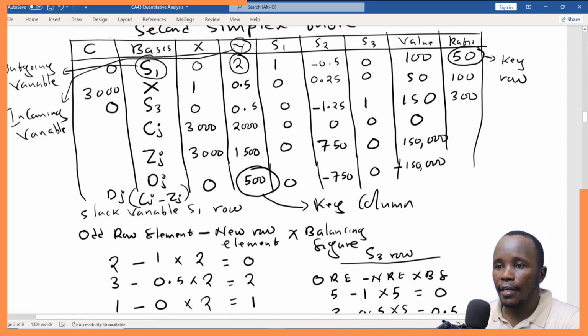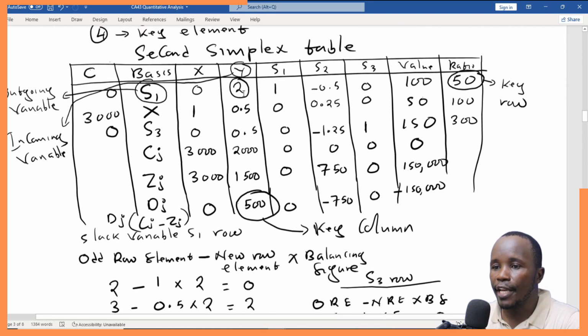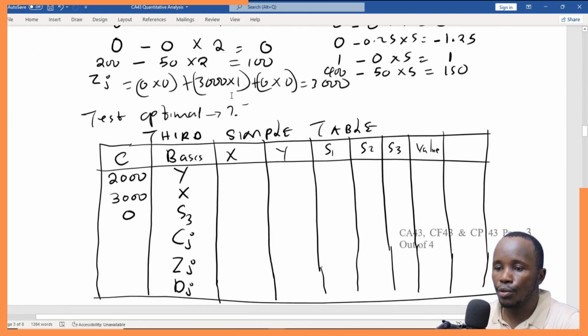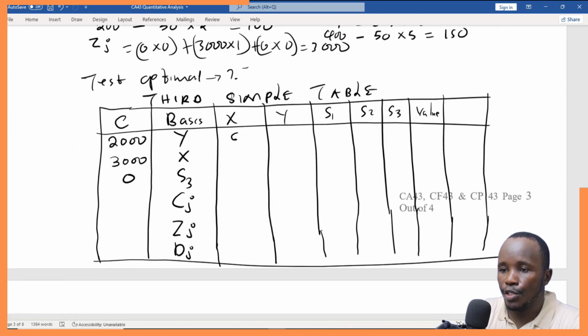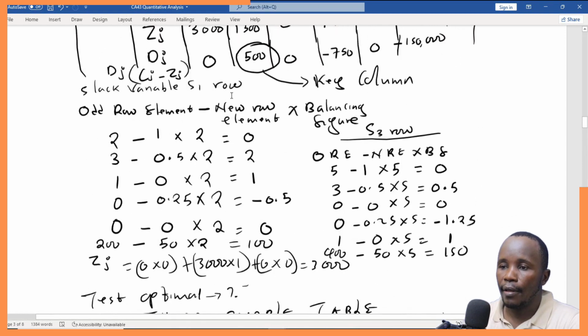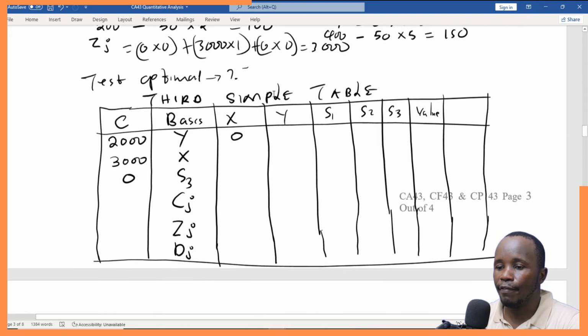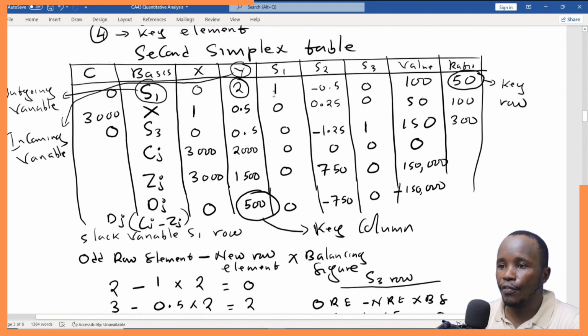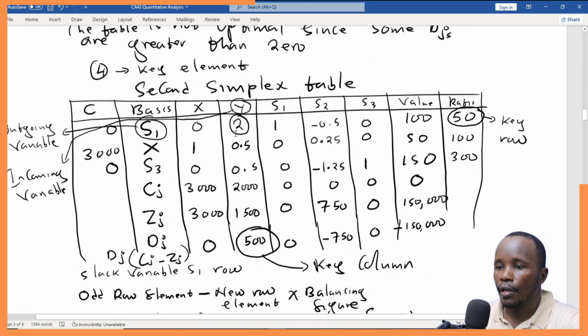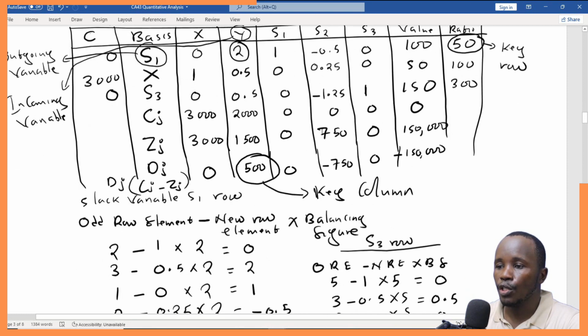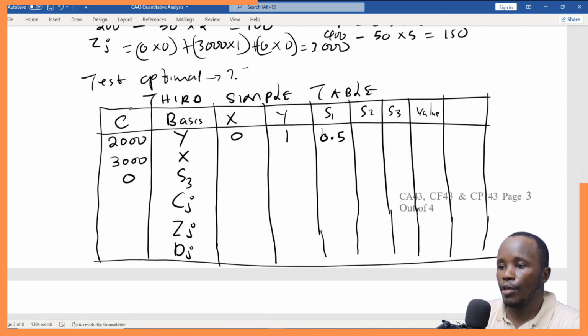Divide everything in row 1 by the key element. 0 divided by 2 is 0. 0 divided by 2 is 0. Then 2 divided by 2 is 1. 1 divided by 2 is 0.5. So here I have 1, 0.5. Then S2 here, 0.5 divided by 2 is 0.25.